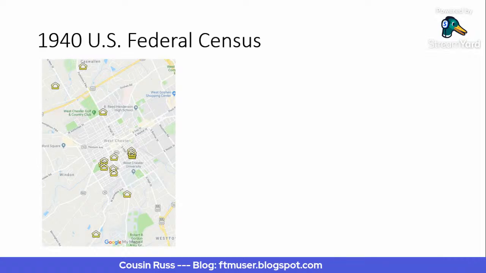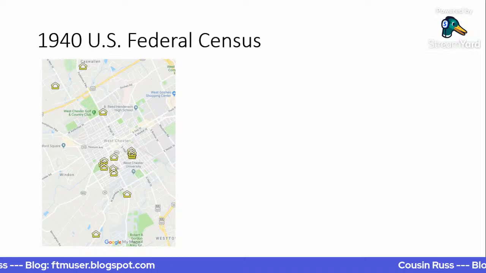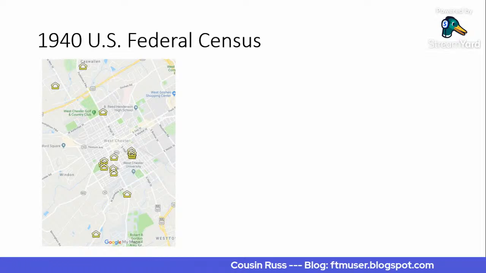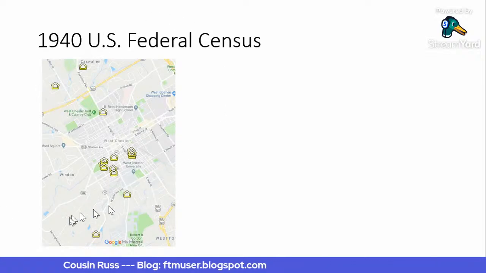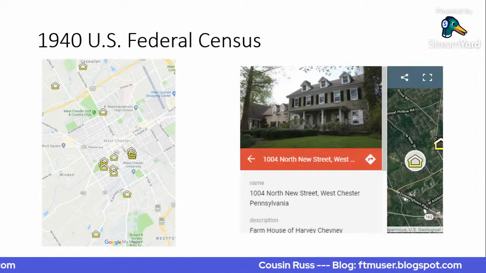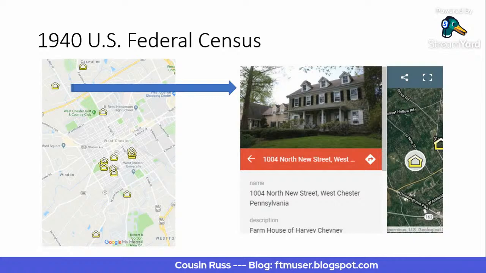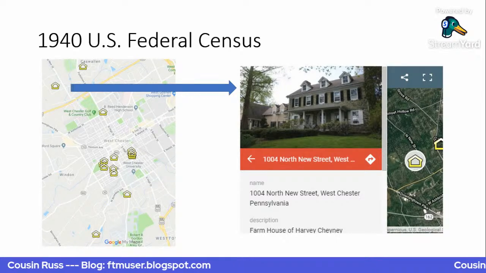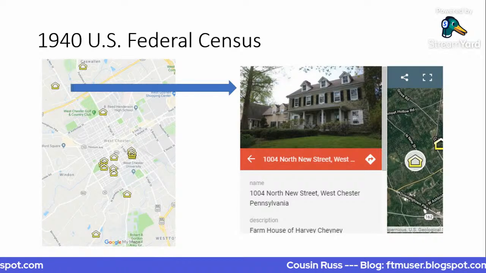1940 census. In my database are all the addresses of people in this particular area, and all the houses that you see on that map are where I have family that live, that I have their addresses. And what I did on the map, I did this within Family Tree Maker, but I also used Google Maps so I could put the houses on it.